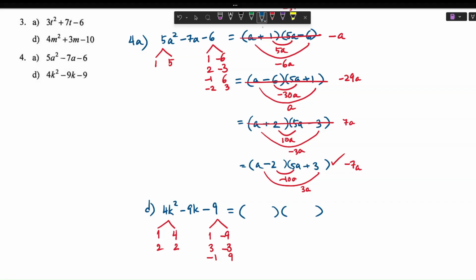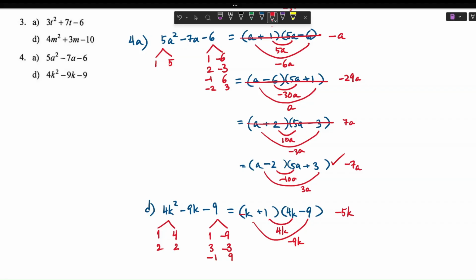So let's try out, for 4k squared, let's try out k and 4k. Then for negative 9, let's try 1 and negative 9. We have 4k and negative 9k, which together makes negative 5k.